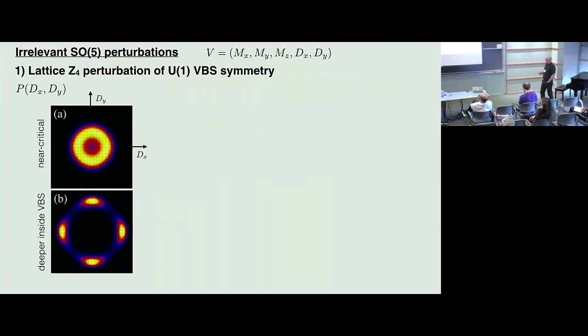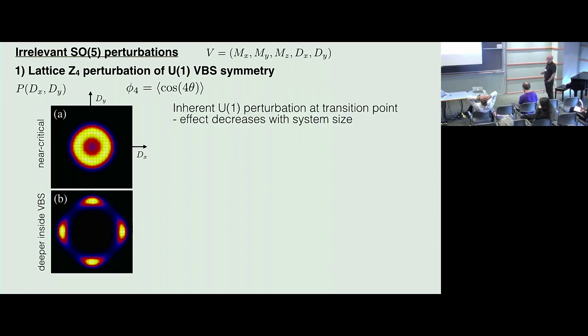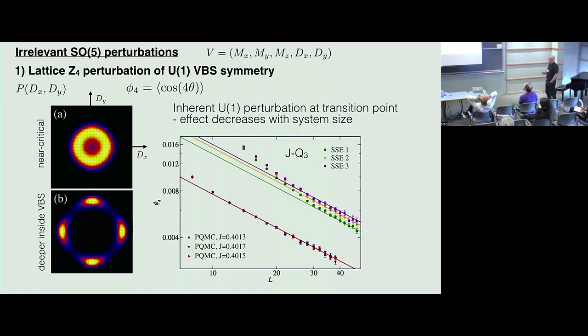So now we have analyzed results like this more carefully because they can give us the scaling dimension of this lattice perturbation that perturbs this U1 symmetry. So we look at something that we call phi 4. We just take points in our simulations and accumulate these values. And then, we also have a paper where we do something like this for clock models and show that this definitely works. It gives us the correct exponents.